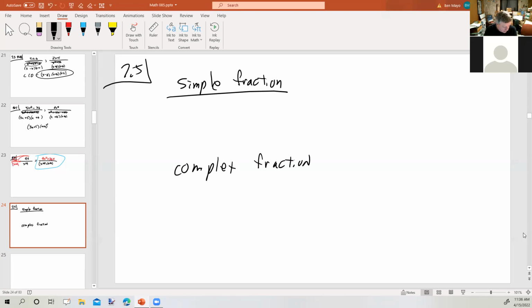A simple fraction just has a quantity in the numerator, just like a single number, and a single number in the denominator. So that's a simple fraction. Or 2.5 over 4 3/8. Well, actually, no, maybe that's not a simple fraction. How about x plus 7 over y?